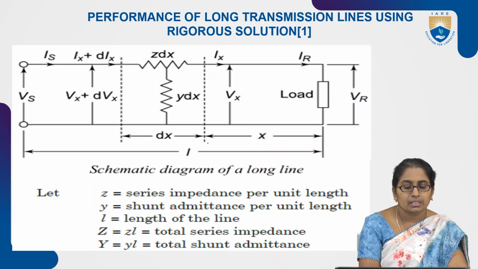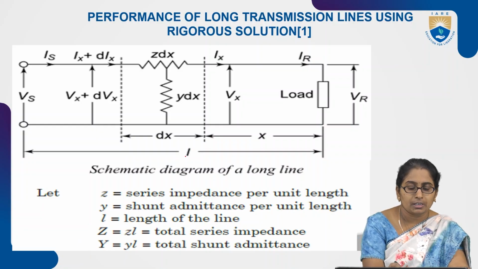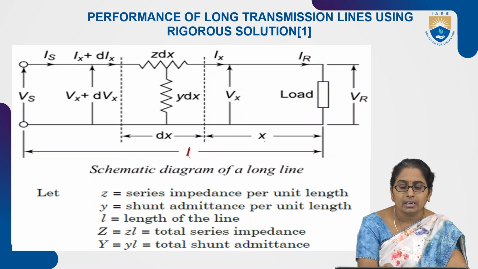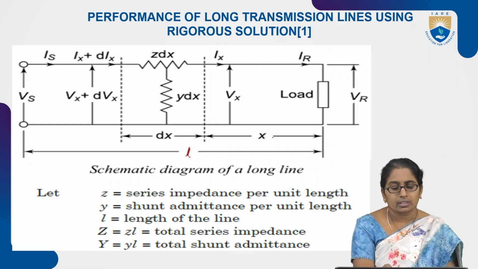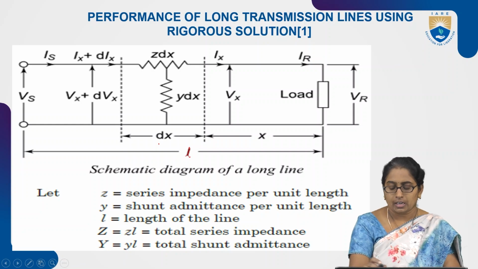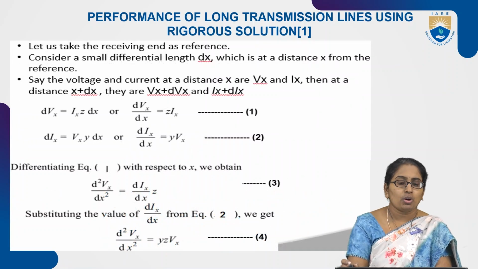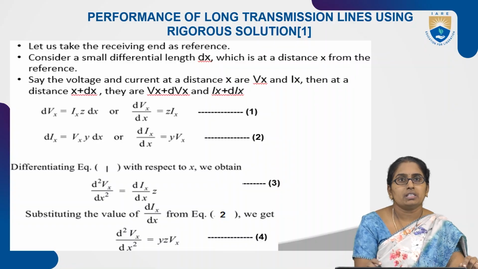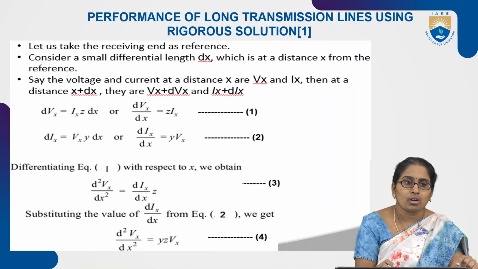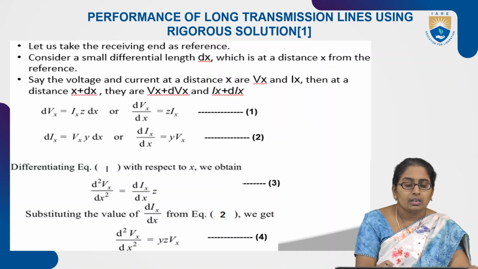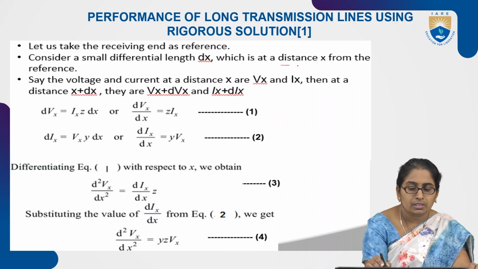In the diagram, L represents the total length of the line, and we see x and dx. Taking the receiving end as the reference, let a distance of x meters be defined from the receiving end.